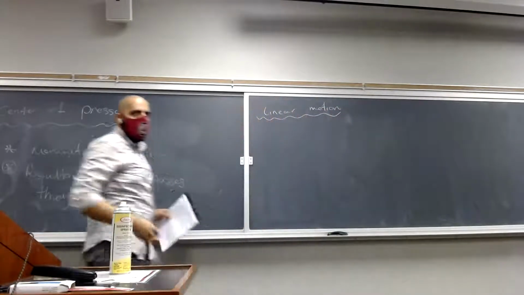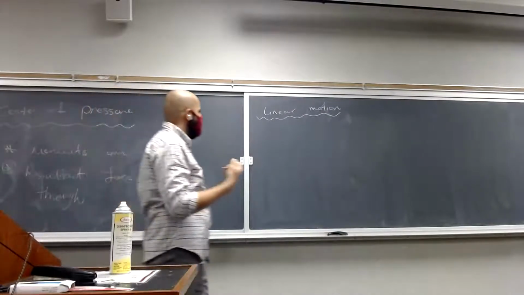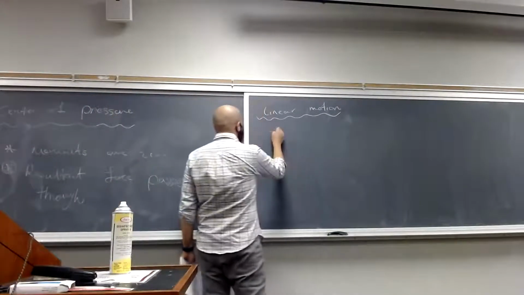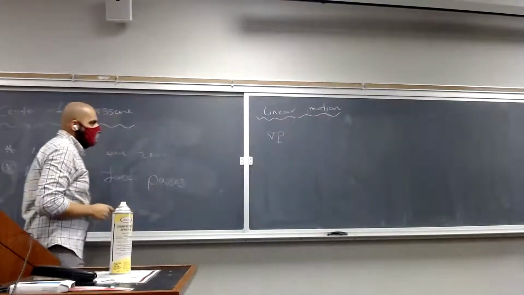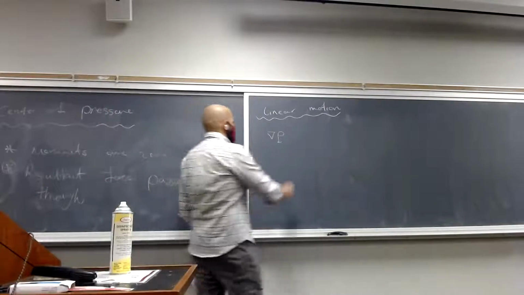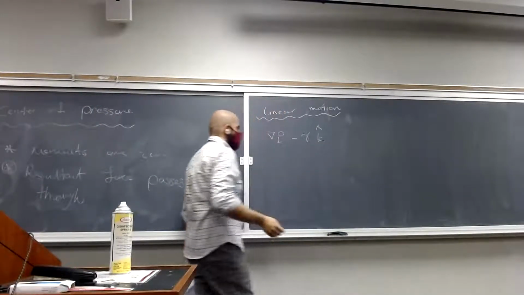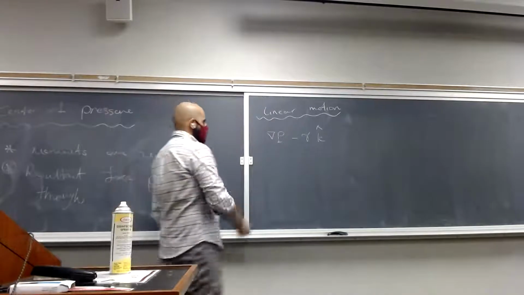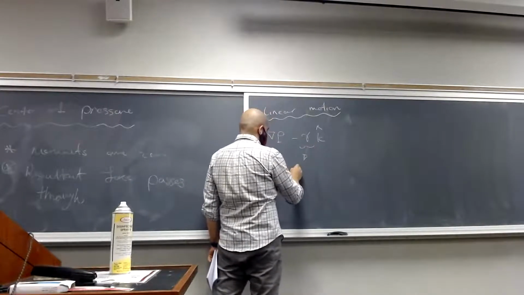If you go back to the hydrostatic equation we found, it was a very general formula that gave us the changes of pressure in any direction, minus gamma in k direction. This is due to the weight.